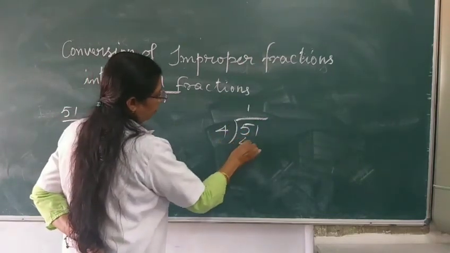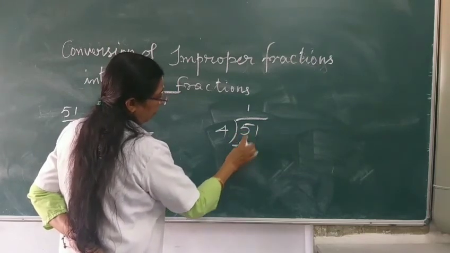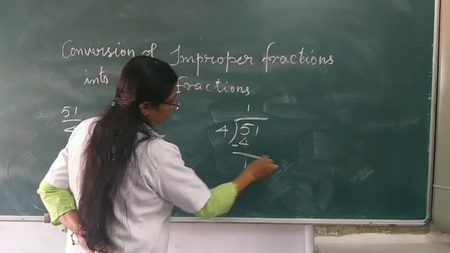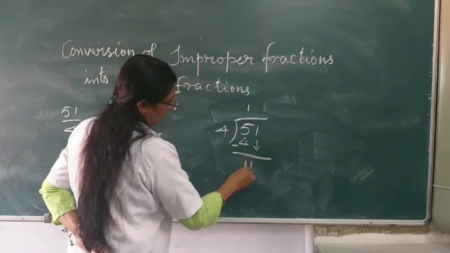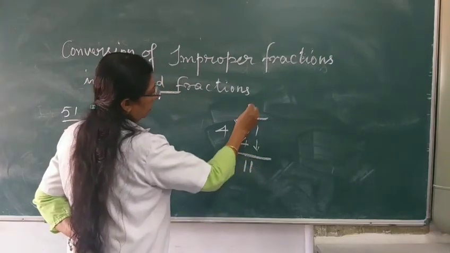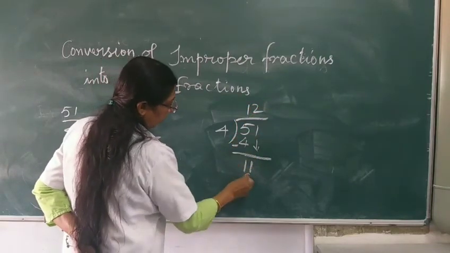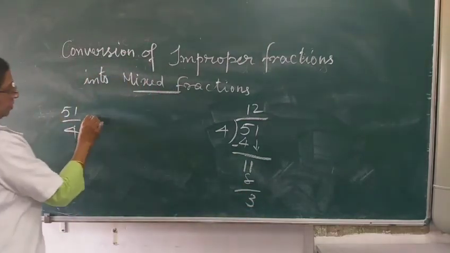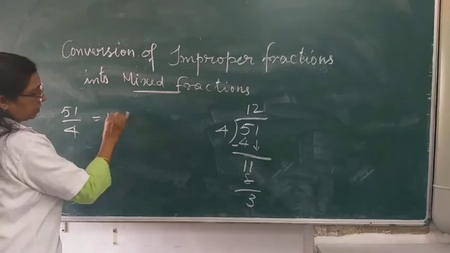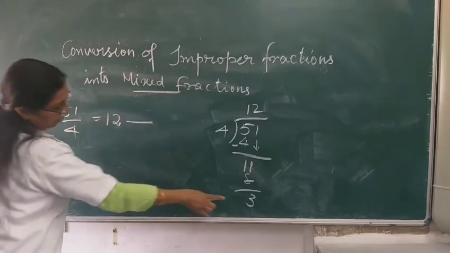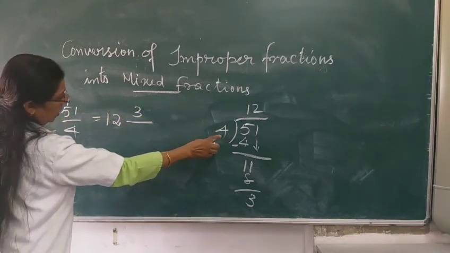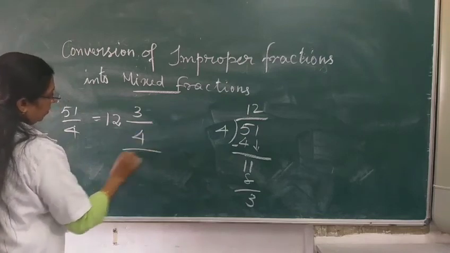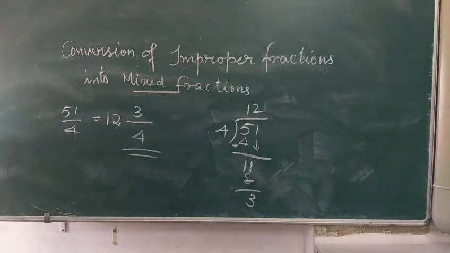One time, 1 times 4 is 4. Then 5 minus 4 is 1. Then bring down 1: 11. How many times? 2 times, 8. 3 is the remainder. What is the whole number? 12 is the whole number. And what is the remainder? 3. And the denominator is the divisor 4. So it is 12 and 3 by 4. I think you understood how to convert improper fractions into mixed fractions.